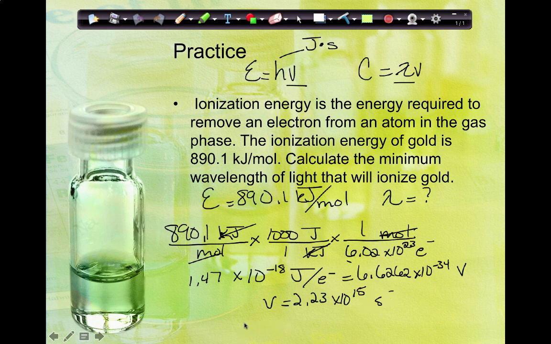And now we can go and solve for our wavelength. So c is equal to 3.0 times 10 to the 8th. All right, so now our wavelength, when we calculate that should be 1.3 times 10 to the negative 7th, and that's going to be in meters.